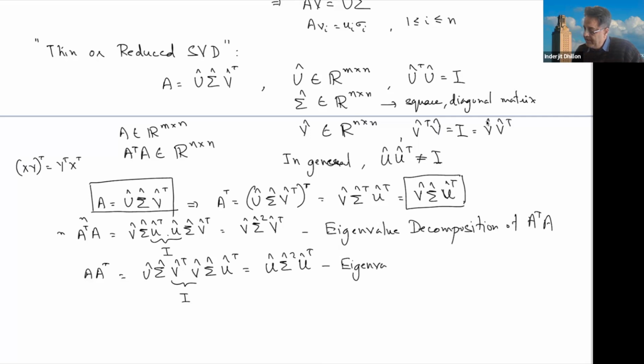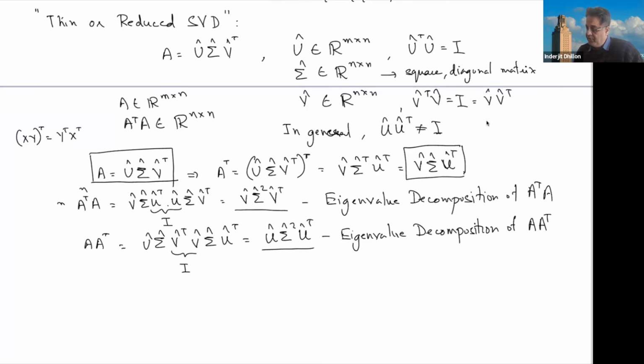So A transpose A and A A transpose are linked together: they have the same eigenvalues, but their eigenvectors are different. A transpose A has eigenvectors V hat, and A A transpose has eigenvectors U hat.